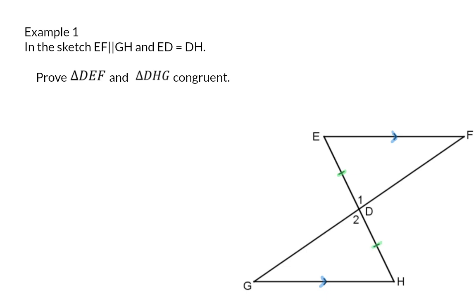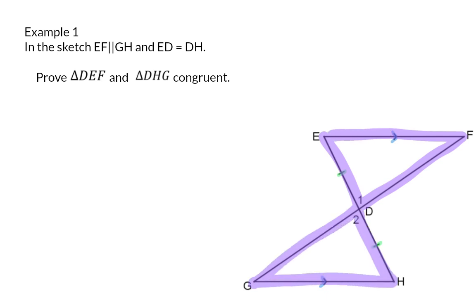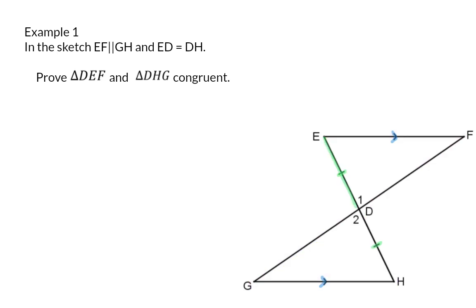The first question is to prove triangle DEF congruent to triangle DHG. For this, we need to identify which of our minimum requirements we have here. We've already mentioned that ED is the same length as DH, which means we have a pair of sides.